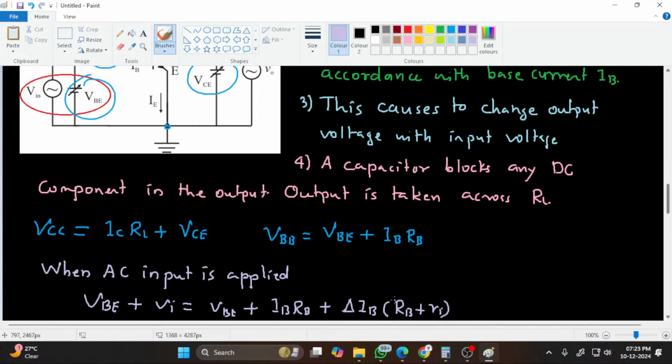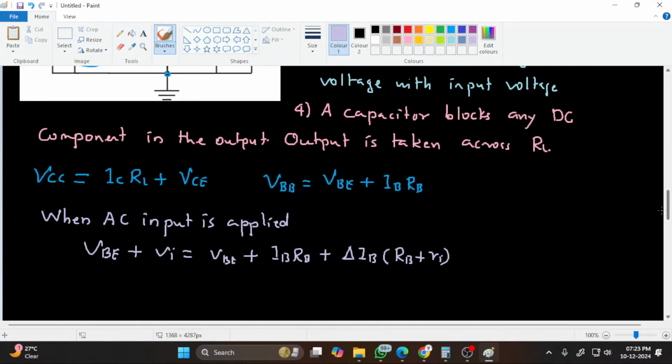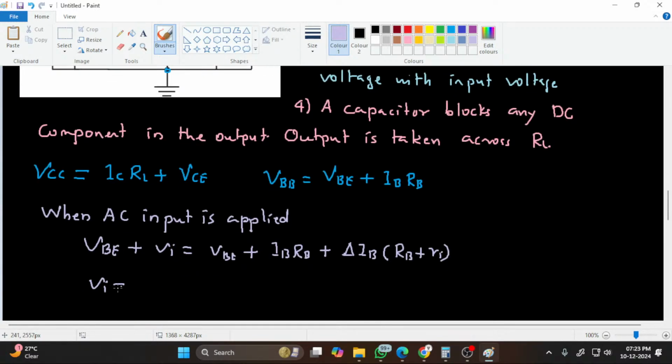The change in VBE can be related to the input resistance and the change in base current IB. Hence we can write V input is equal to delta IB in bracket RB plus RI, and that is equal to delta IB RI, as RB is very small.